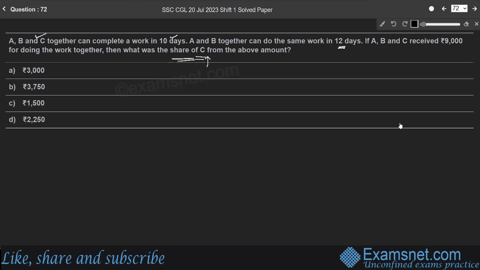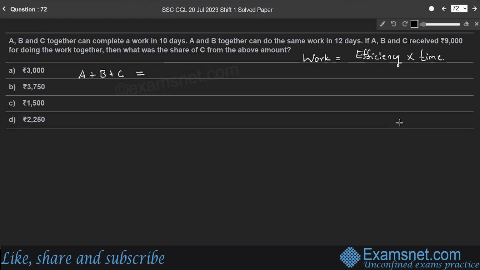So, taking the given information, here we are using the concept of work, which is equal to efficiency into time. Very simple concept. Efficiency means rate of work, or work per unit time. Here, total work in one day is called efficiency, right? So A, B and C together complete the work in 10 days.